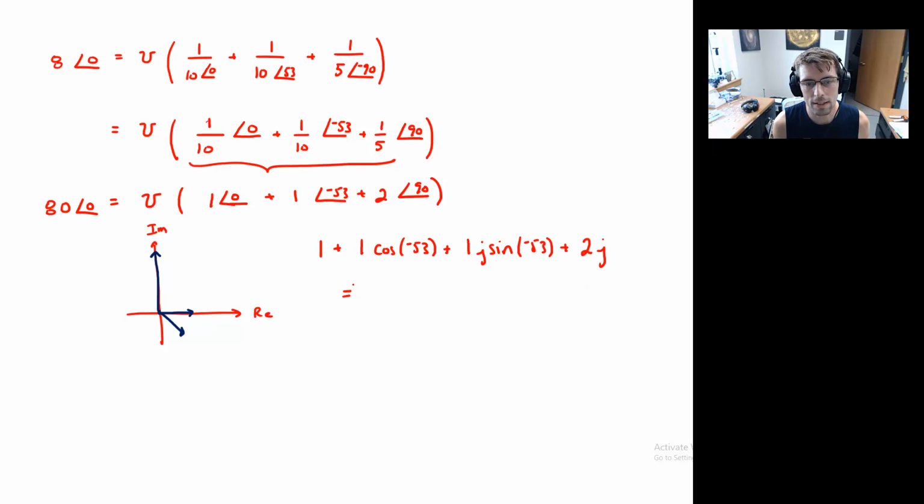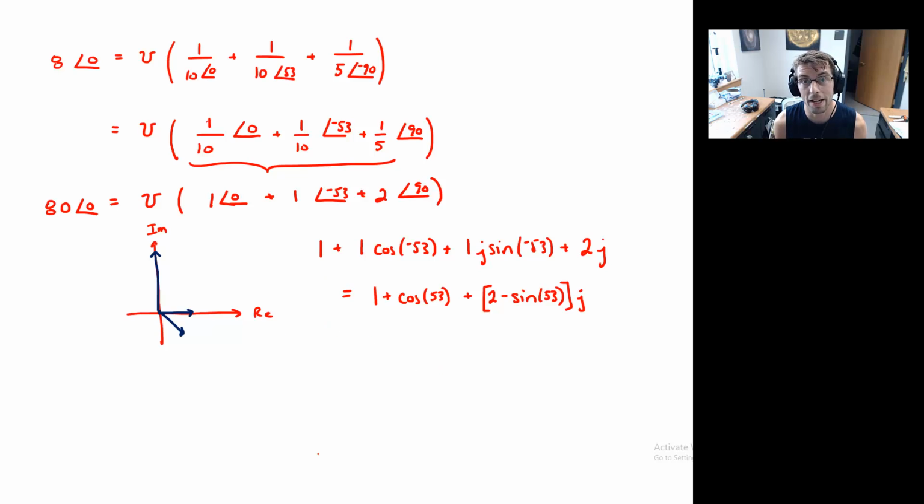So what do we get at the end of the day? We get 1 plus cosine of 53, plus j times 2 minus sine of 53, using those even and odd properties of sines and cosines. Then let's turn this back into a phasor.